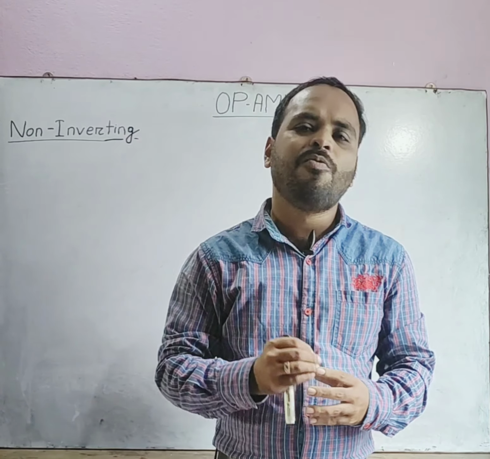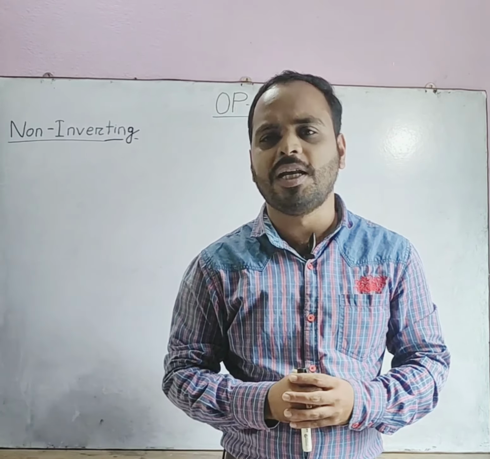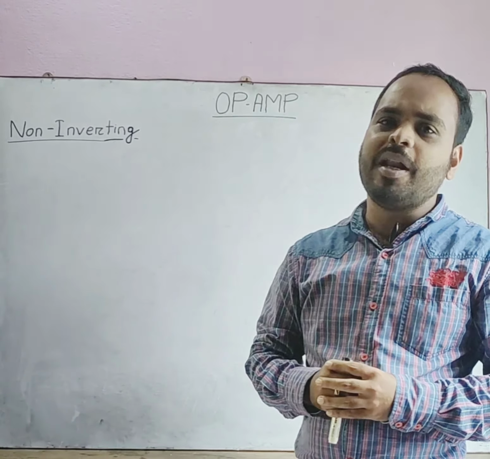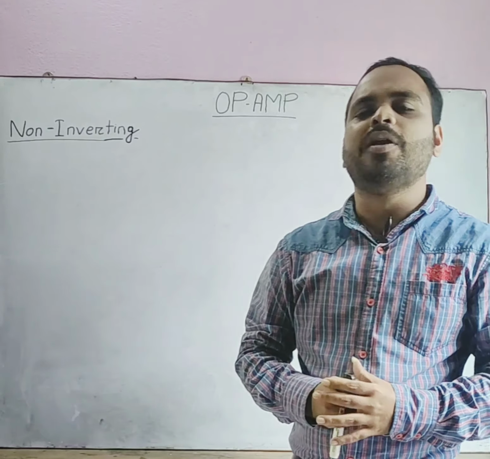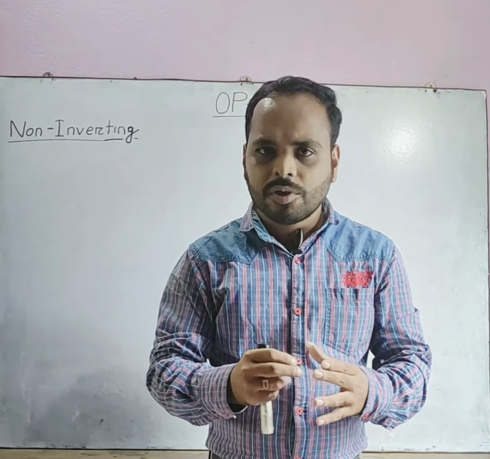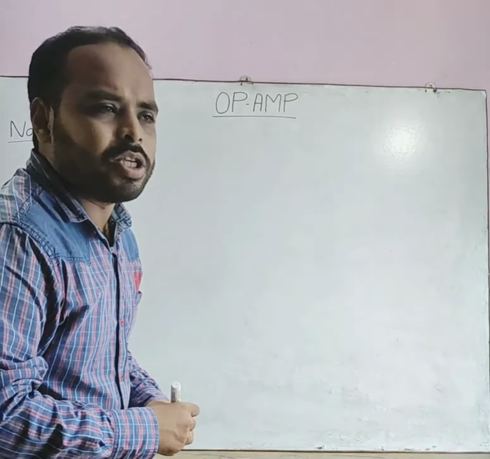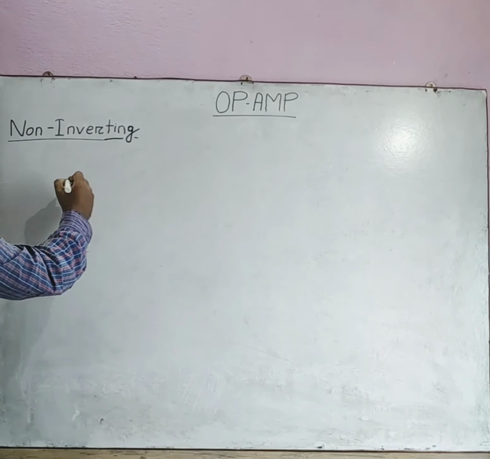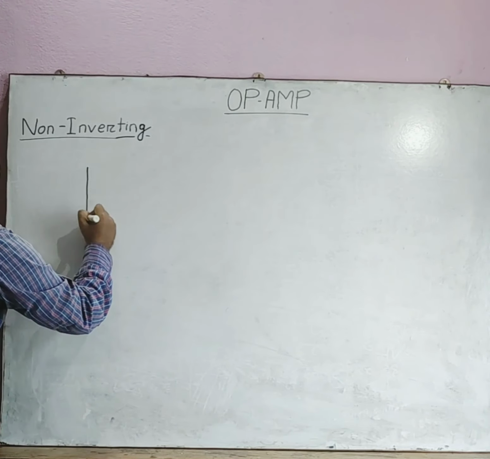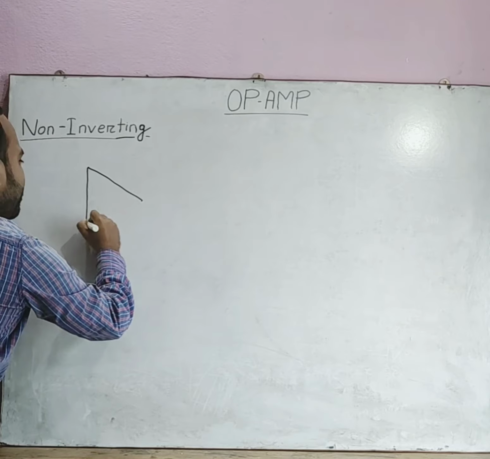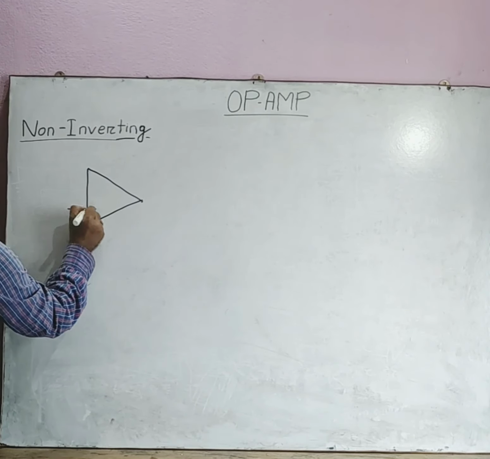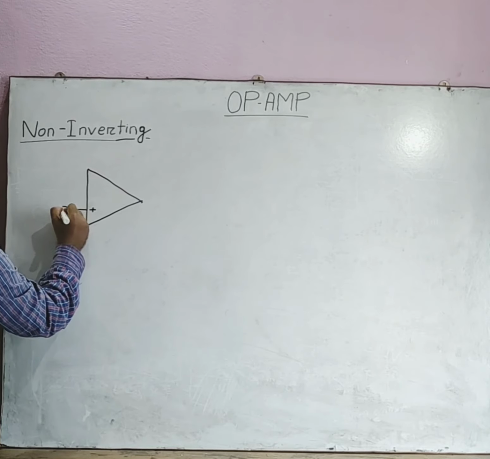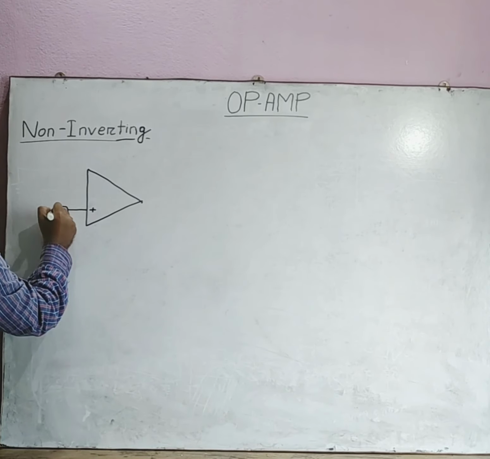In this case, we are connecting an input signal to the positive terminal or the non-inverting terminal, and the negative terminal is simply grounded. So, the circuit diagram of a non-inverting op-amp can be represented as follows. The positive terminal, here we are applying the input, let us name it Vin.